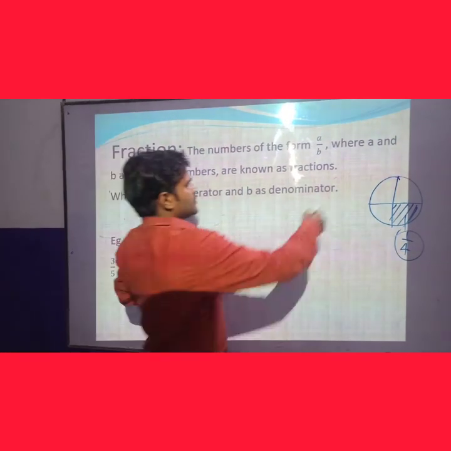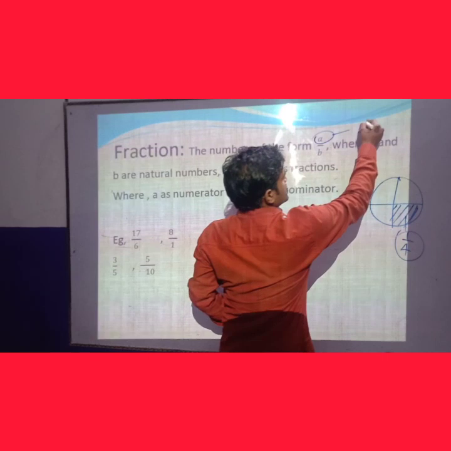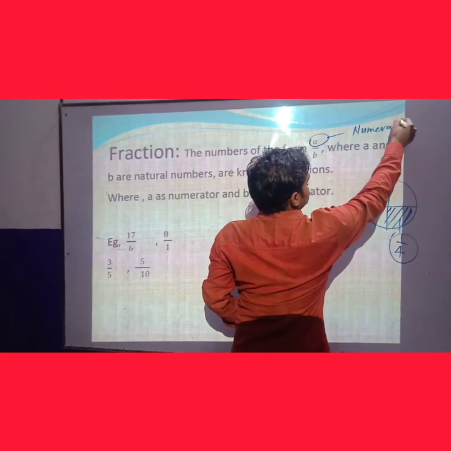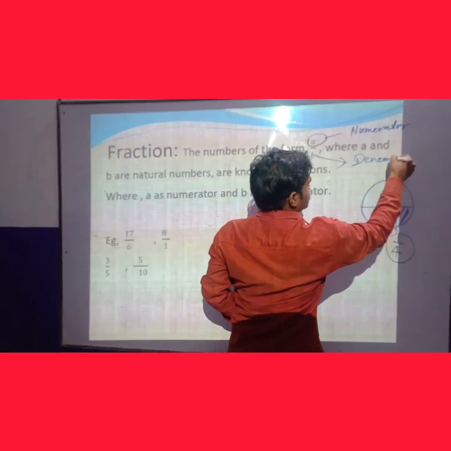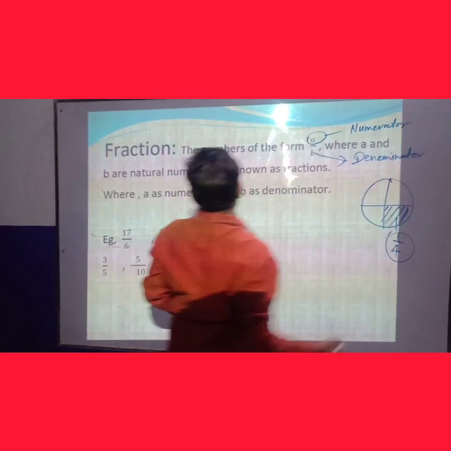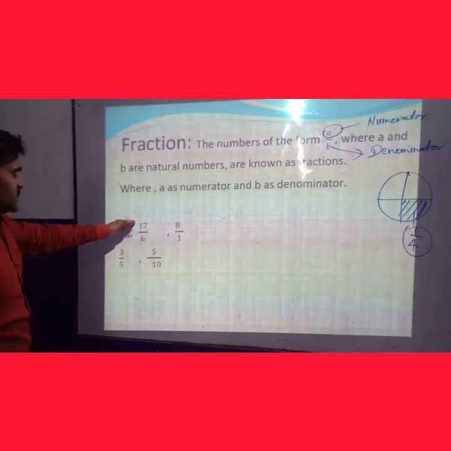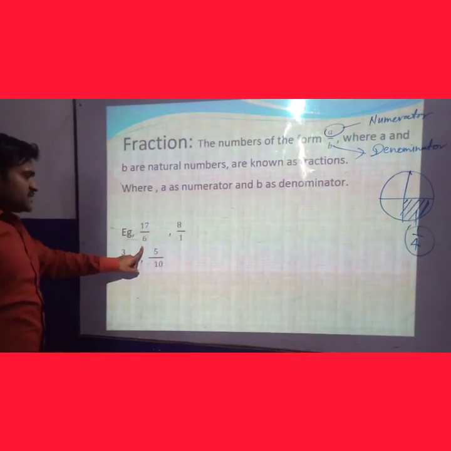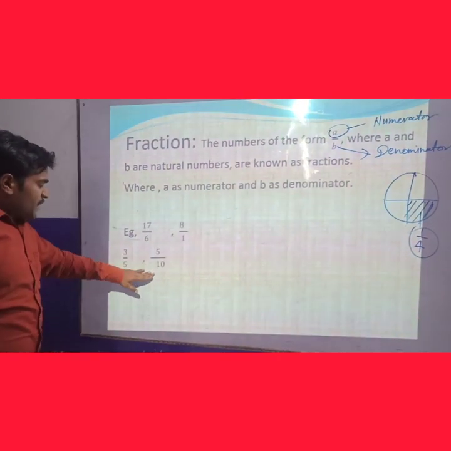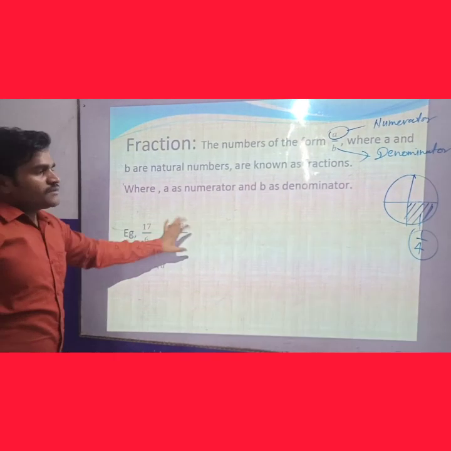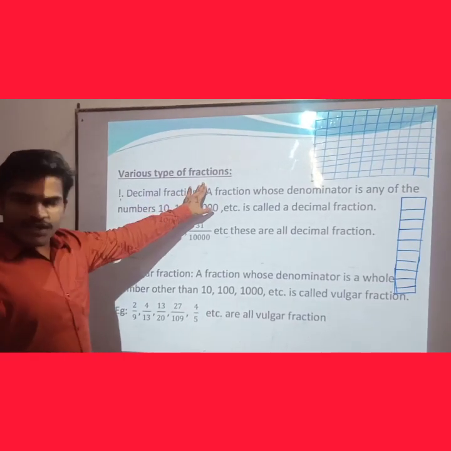A is denoted as the numerator and b as the denominator. There are some examples: 17/6, 8/1, 3/5, 5/10. So these all are fractions. There are various types of fractions.